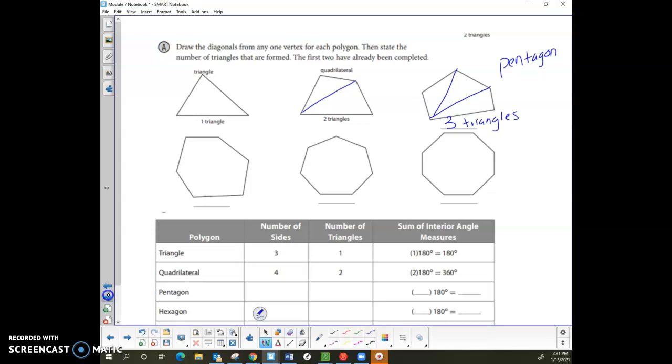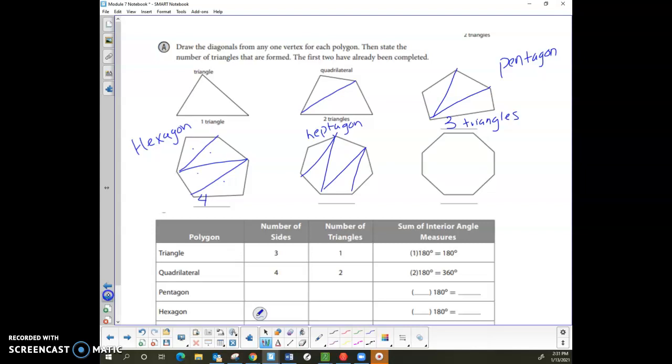All right, this next one has 6 sides. We have a hexagon. I draw some diagonals in here. Notice I have 4 triangles. The next one is 7-sided, which is a heptagon. Don't get too carried away on having to remember these terms.